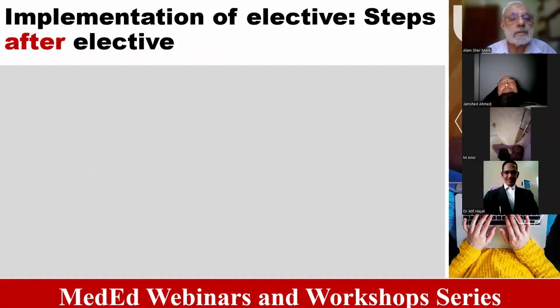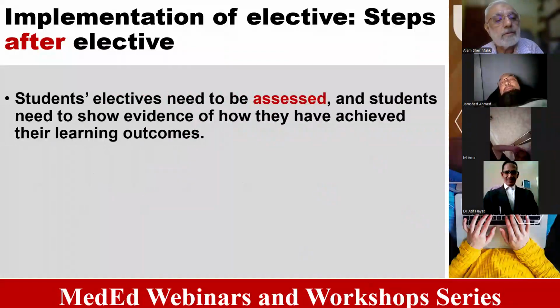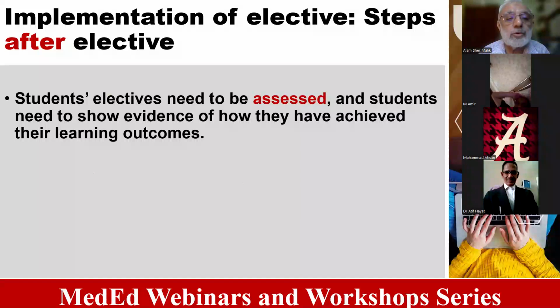Now, once the student has completed the elective, what do they need to do afterwards? First, the students' elective needs to be assessed, and students need to show evidence of how they have achieved their learning outcomes. That is very obvious, because without this, students may not perform their best during the electives.